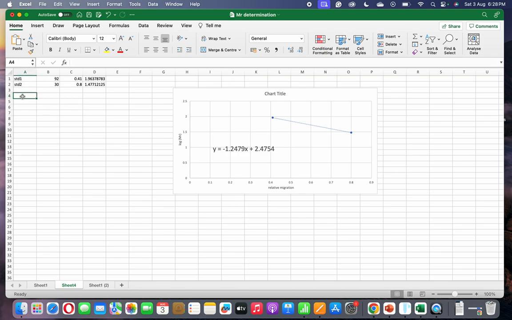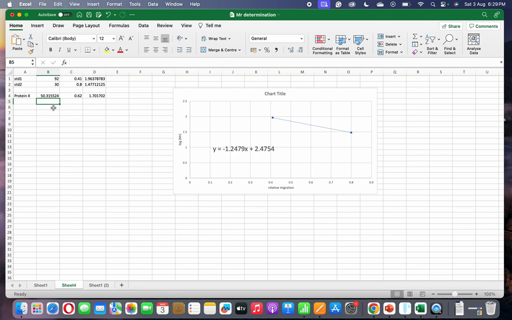So again, we'll use this equation to find the value of y. 2.4754 minus 1.2479 into 0.62. Okay, and again we will have to take the antilog of this, which has given us an answer of 50.3.